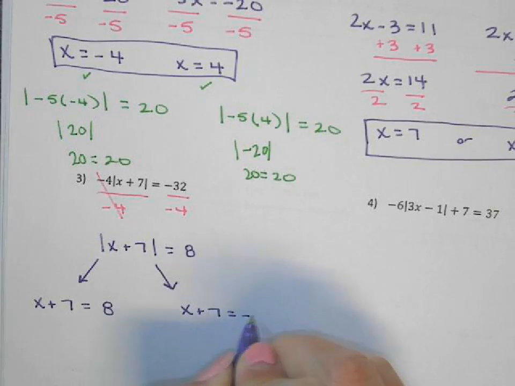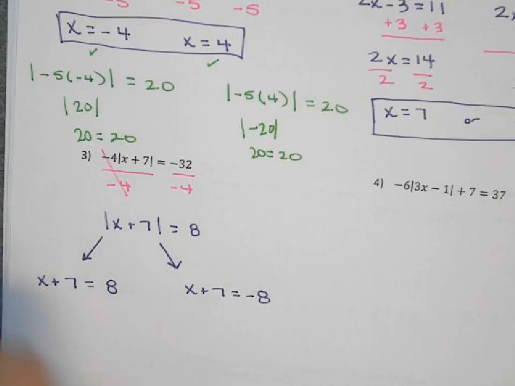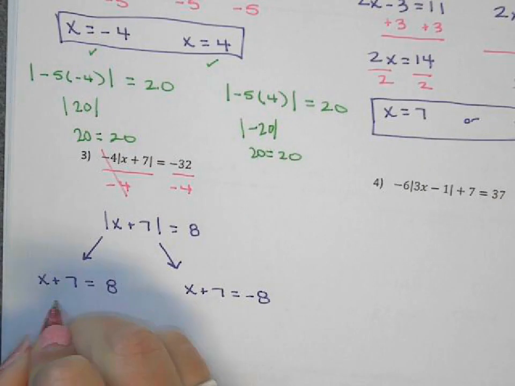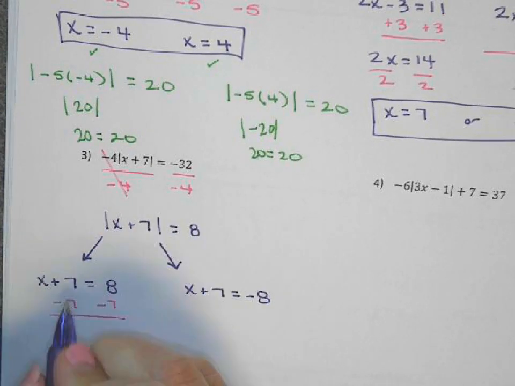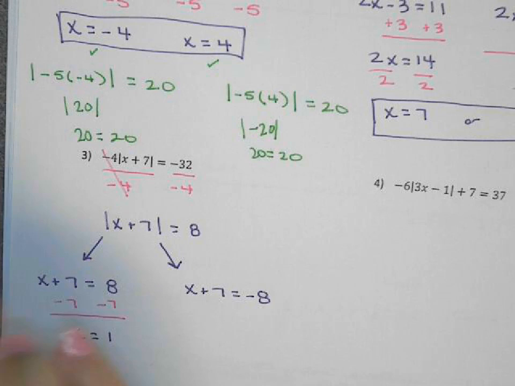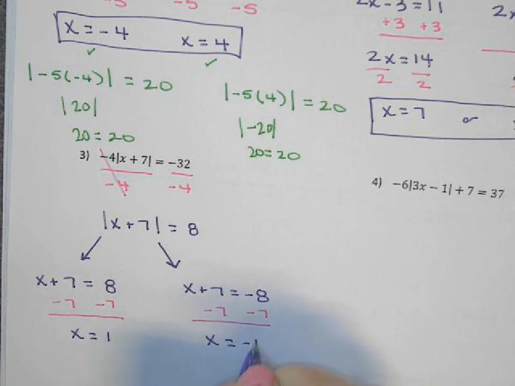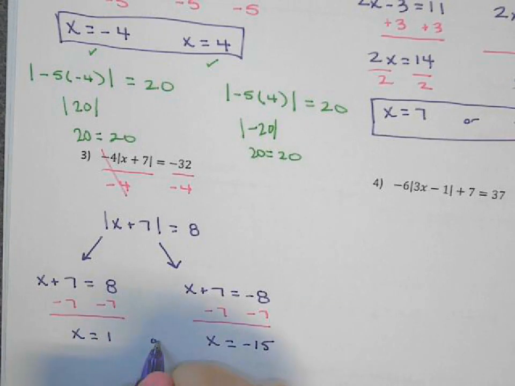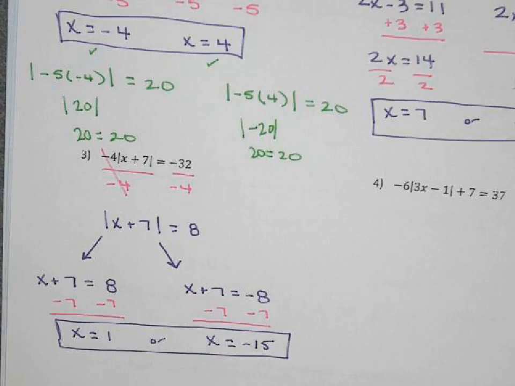Negative 8, because it's going to be the opposite. I'm going to finish by solving both those equations. And my two solutions are x equals 1 or x equals negative 15.